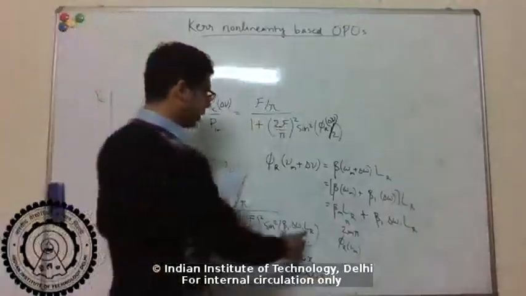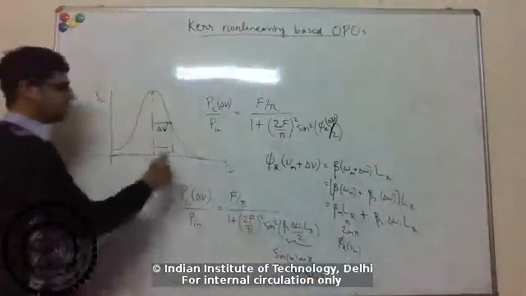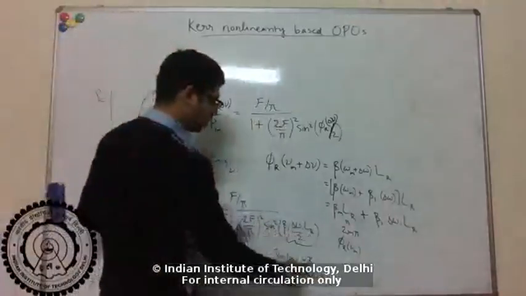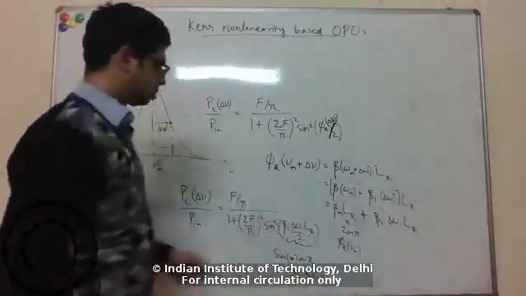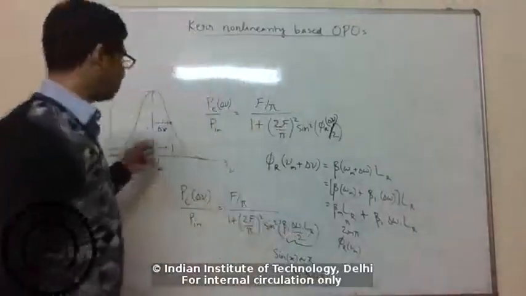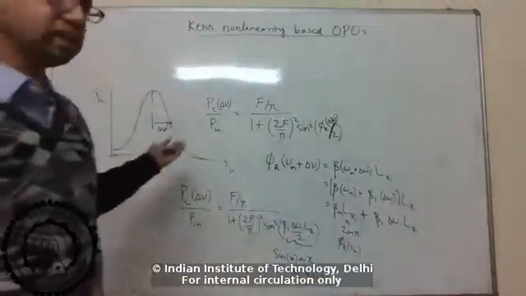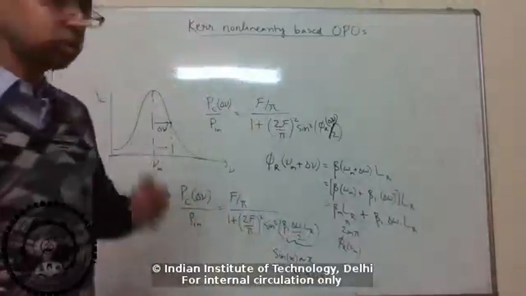We are saying this argument within the line width is very small, and that's a better approximation for good cavities where the line width is narrow.